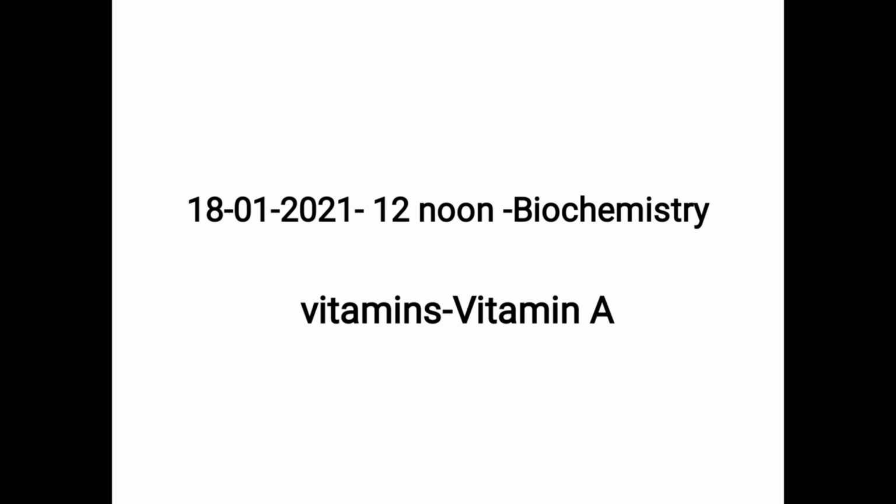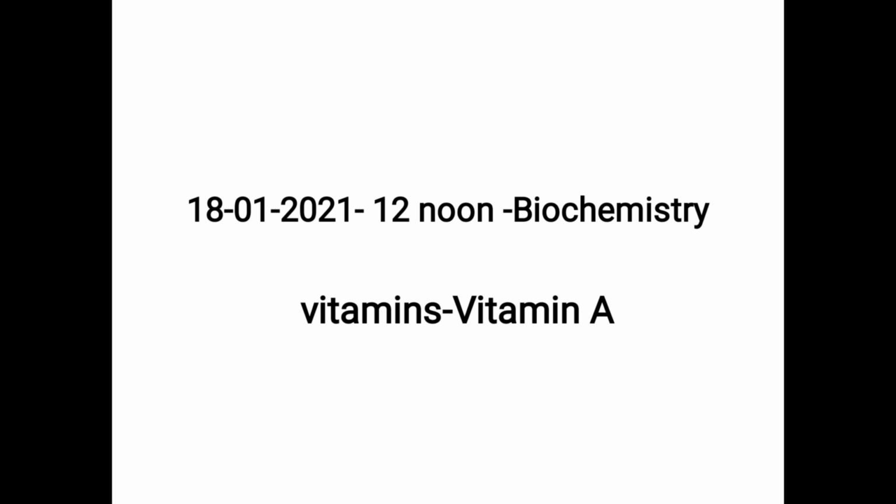Vitamin A. You have already seen the sources, the chemistry and forms of vitamin A, and their clinical significance, provitamin form, and functions of vitamins. So, what are the forms of this vitamin?